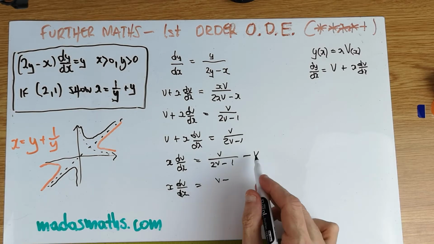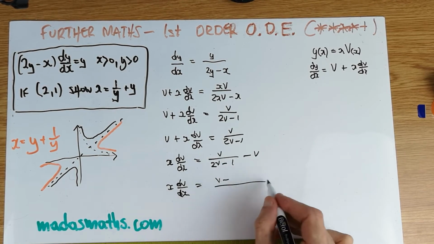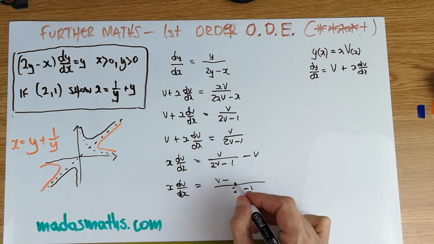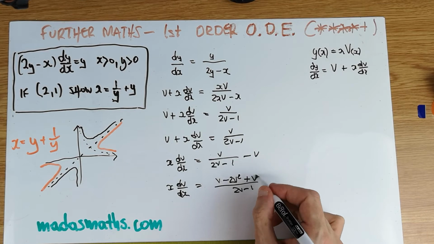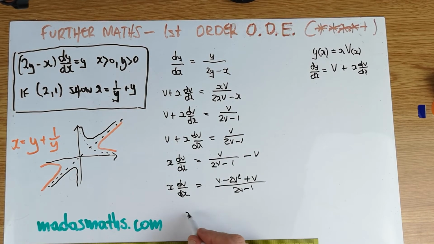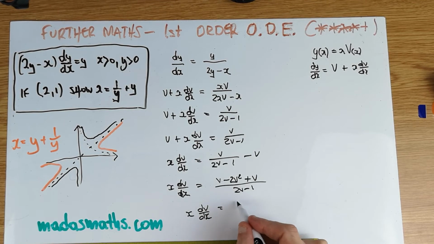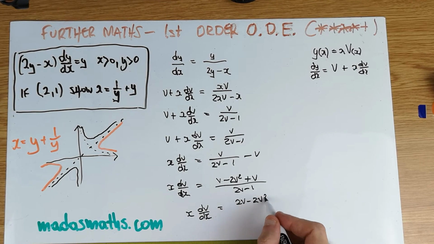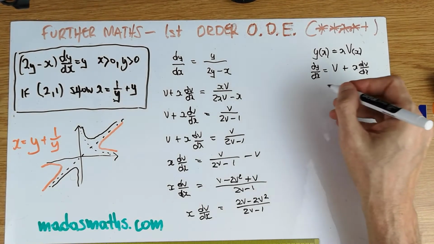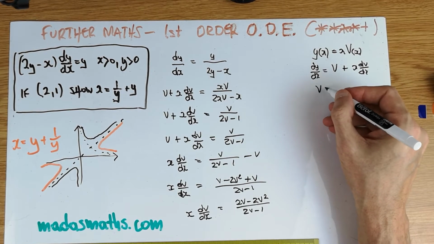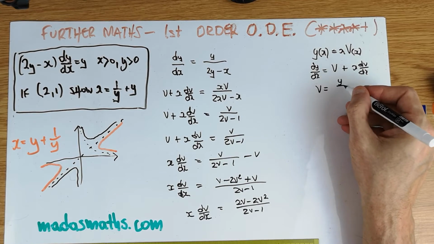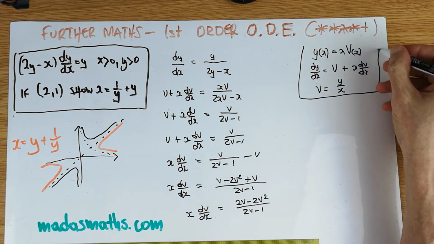So we got my v, that's this v here, put to the same denominator, 2v minus 1 minus 2v squared plus v. I got one more line to write this. x dv by dx is equal to 2v minus 2v squared over 2v minus 1, which is not very nice, but at least the variables separate. And because we need to go back into v, v is in fact y over x when we are ready.